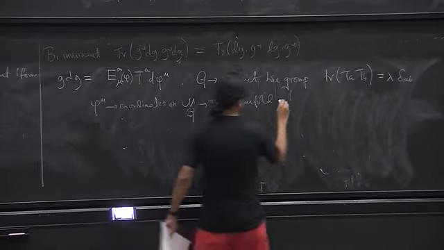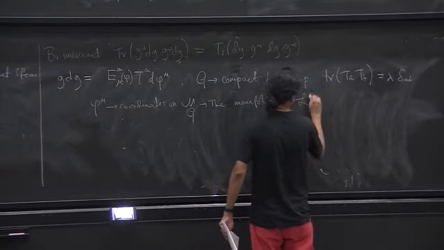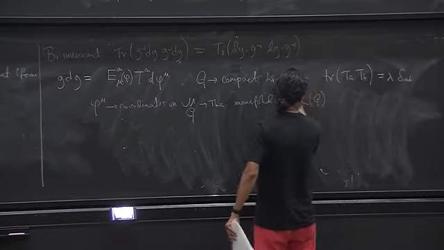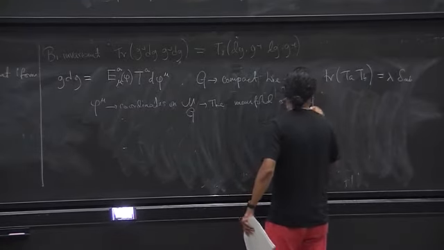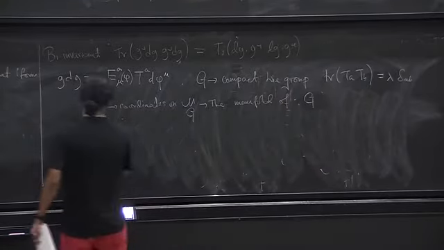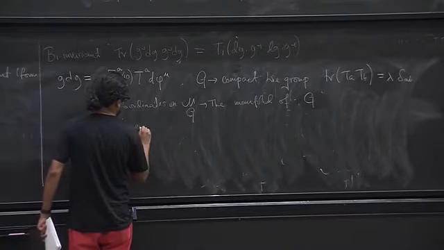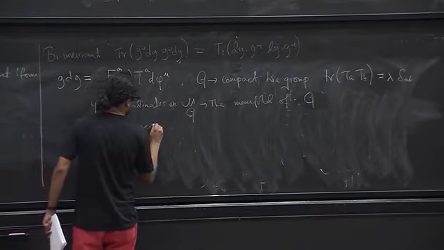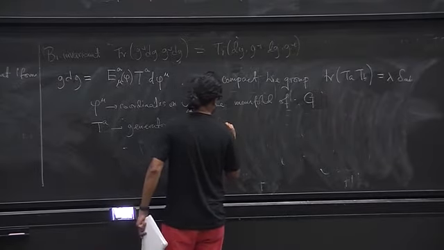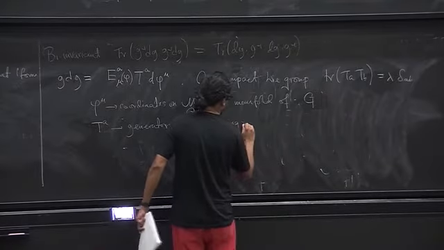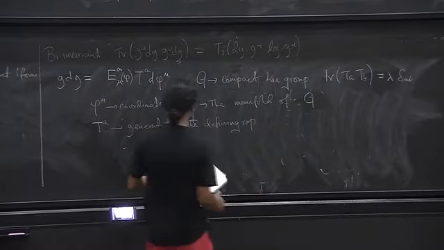The manifold of the Lie group, sorry, of the Lie group G. And T A are the generators in the defining representation, in this case.